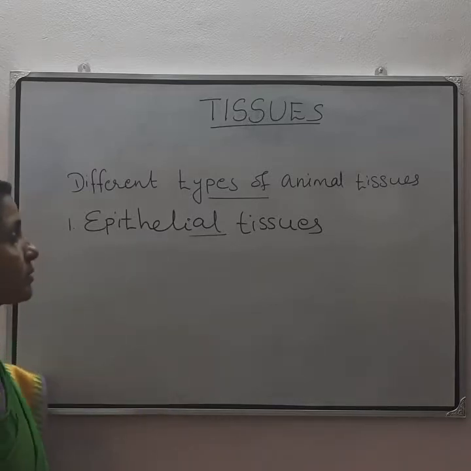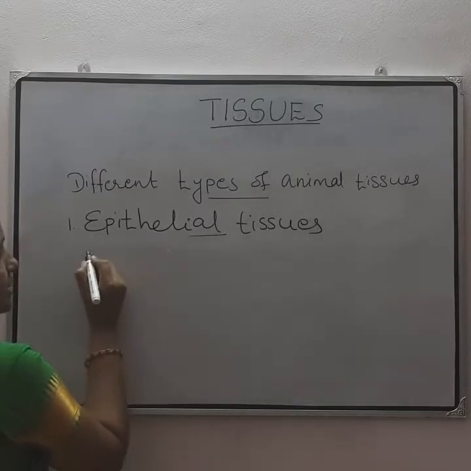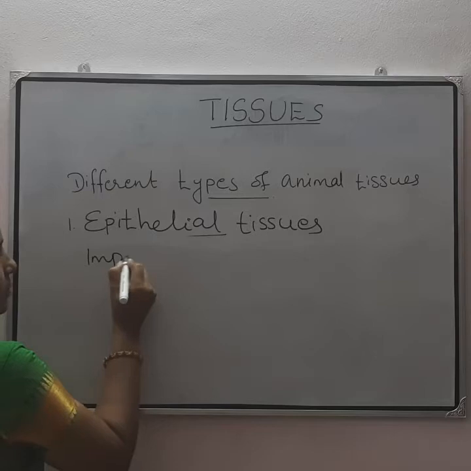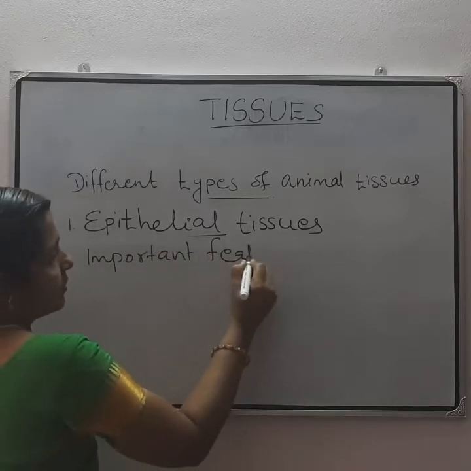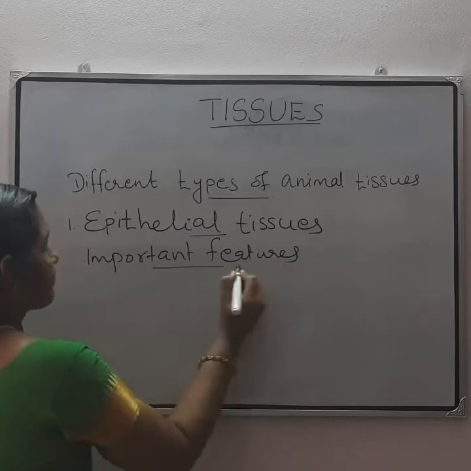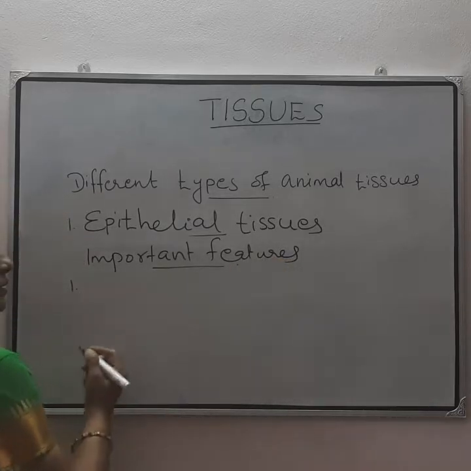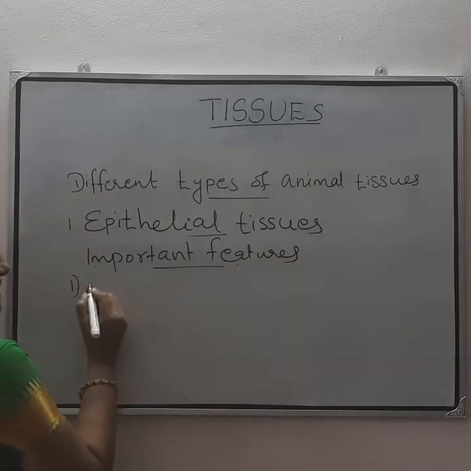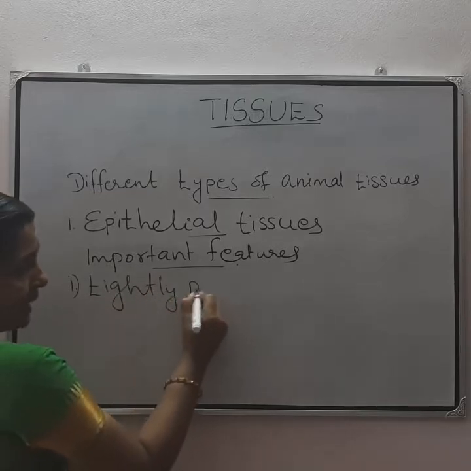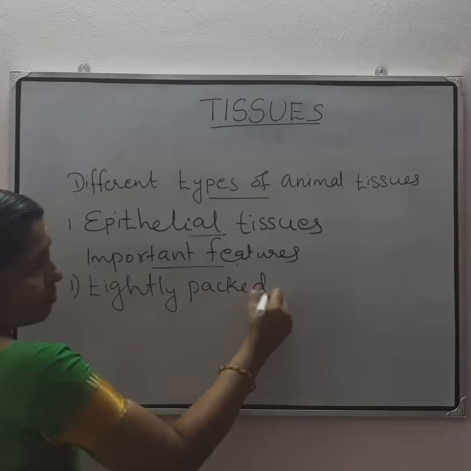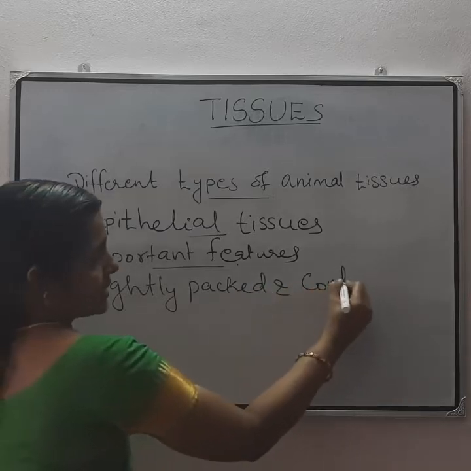Next are the important features of this epithelial tissue. Here the cells are tightly packed and form a continuous sheet.